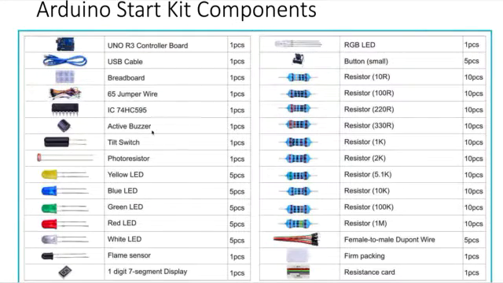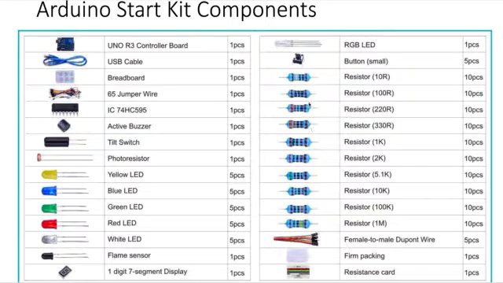This is the shift register, the buzzer, the tilt switch, the photo resistor, a variety of different LEDs, the 1-digit 7-segment displays that you can display 0 to 9, the RGB, red, green, blue LED all together. The buttons, the various resistors.